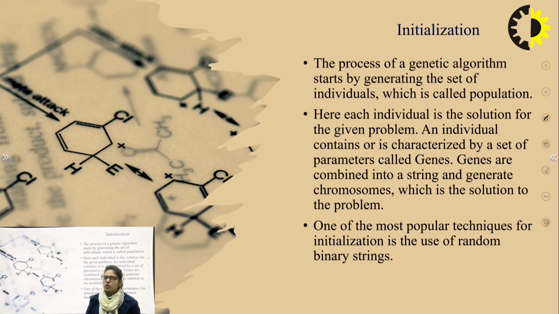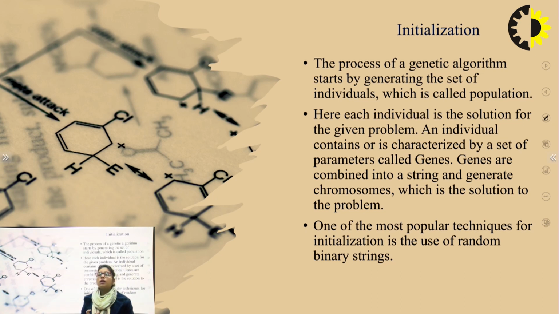Now, first is initialization. What is initialization? The process of a genetic algorithm starts by generating a set of individuals, which is called population. Here, each individual is a solution for a given problem or given system, and an individual is characterized by a set of parameters called genes.